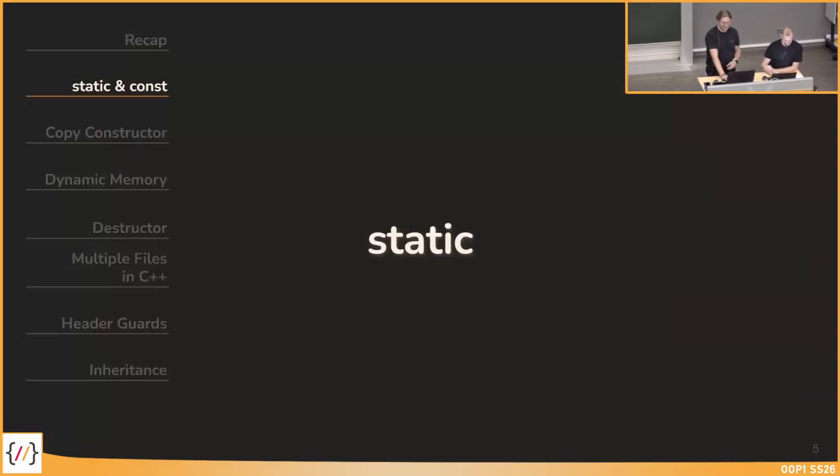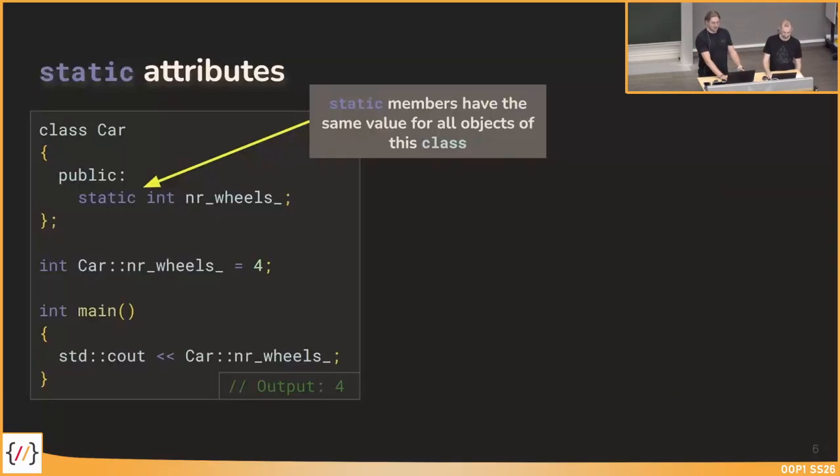All right, then let's start with the first concept of the second part of today's lecture, which is static. Static is, especially in object-oriented programming, very useful because all the static members of a class, so for all objects as well, they have the same value.